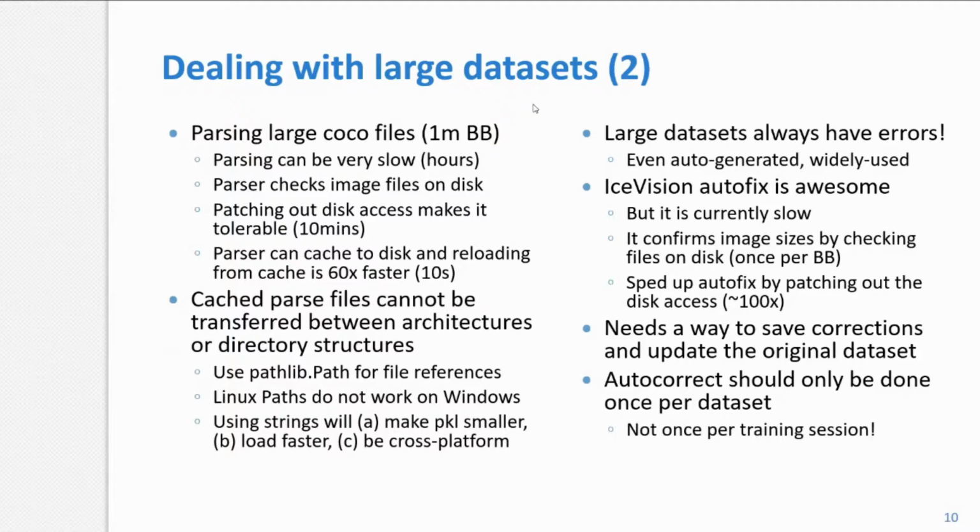And I happen to have been moving between a Linux and a Windows environment for doing development and training, and I was surprised to see that my pickle files actually didn't port from one to the other, and that's because they're using pathlib.Path objects for file references, and the Linux paths don't work on Windows, and the Windows don't work on Linux, even though they both inherit from the POSIX file path.